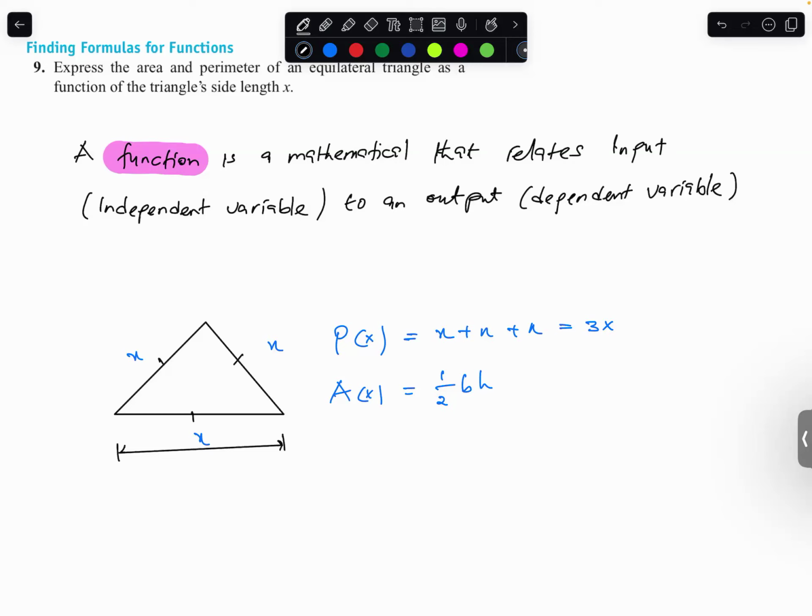For the height, we can see that from here to here is the height of this triangle. This height divides the triangle at exactly half, so this is going to be x/2, and let's call the height h.